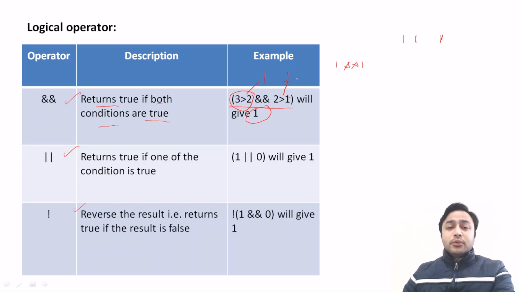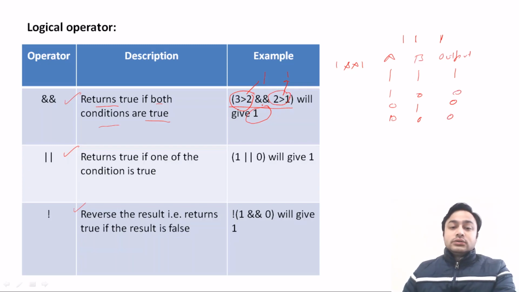You know the truth table of AND. It is like this: A, B and output. When both inputs are 1, the output will be 1. When any input is 0, the output will be 0. If any condition is false, the final value will be false, that is 0. 1 means true, 0 means false.